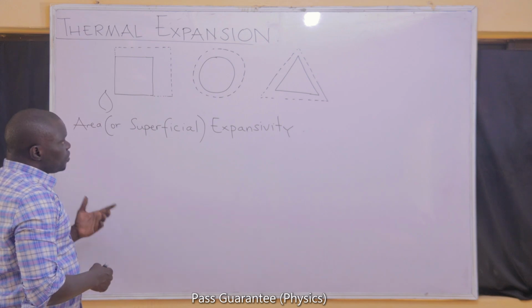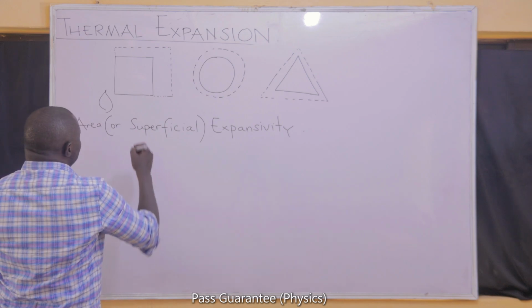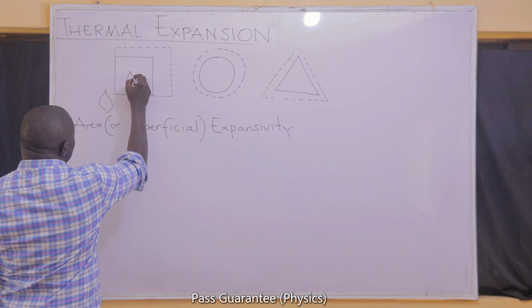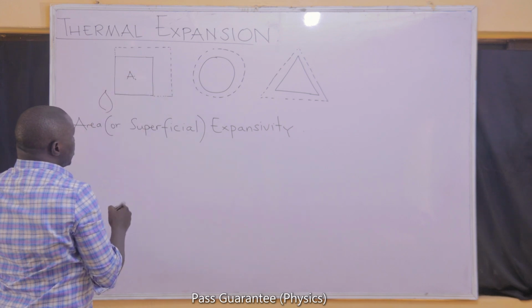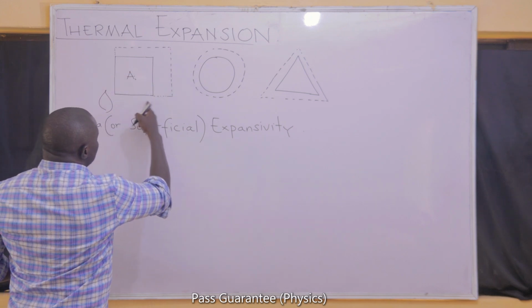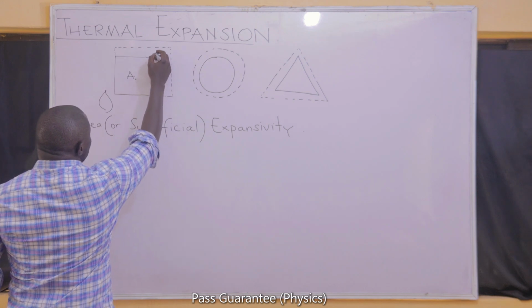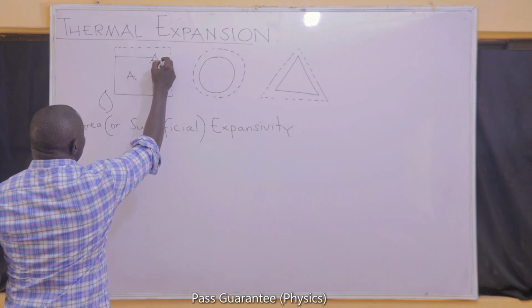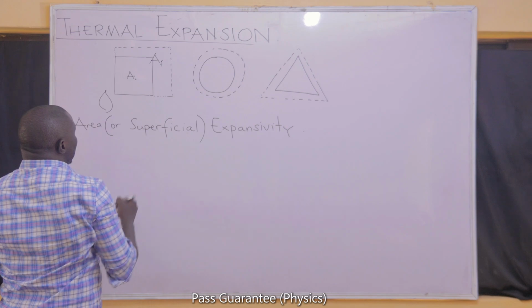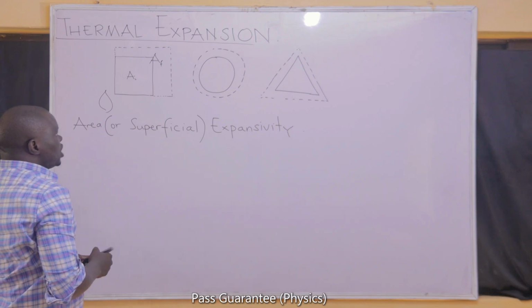We will see from all of these shapes that I've given to you that before heating, there's a particular area that those shapes had before. Now that you have been able to heat them, we expect you to know that it will have a final area which is expected to be more than the initial area.